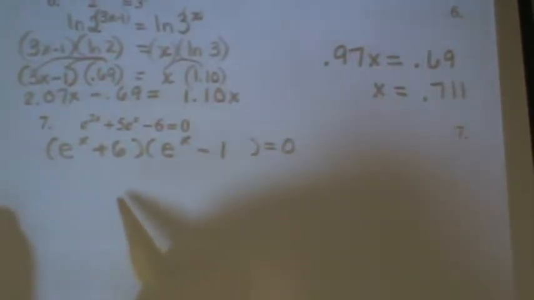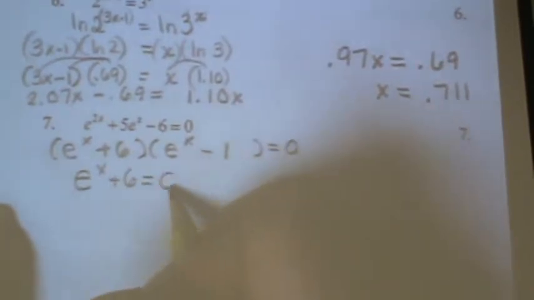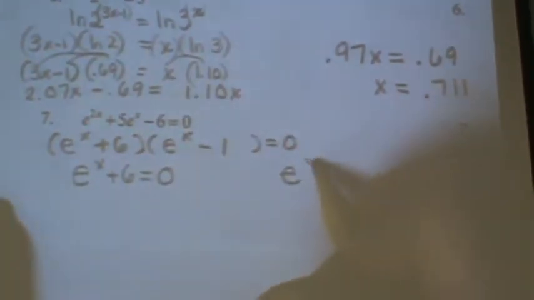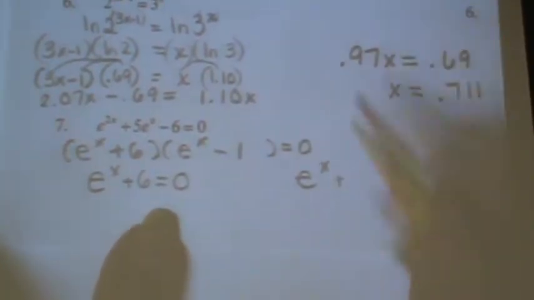Okay, then what? Set them equal to 0. So e to the x plus 6 equals 0, and e to the x minus 1 equals 0.